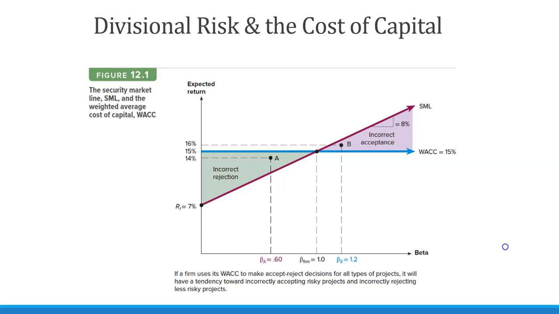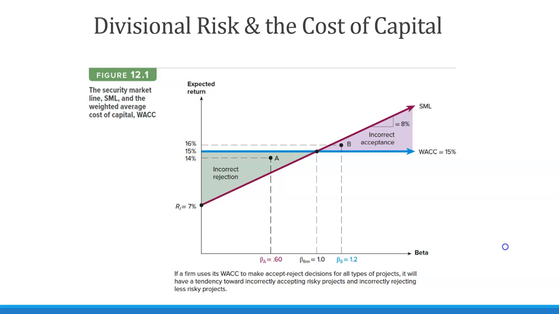We can look at this example using the security market line, or the SML, and the weighted average cost of capital, or our WACC. So if we have a WACC of 15% and our security market line is based on a risk-free rate of 7%, we could have a tendency toward incorrectly accepting risky projects and incorrectly rejecting less risky projects.